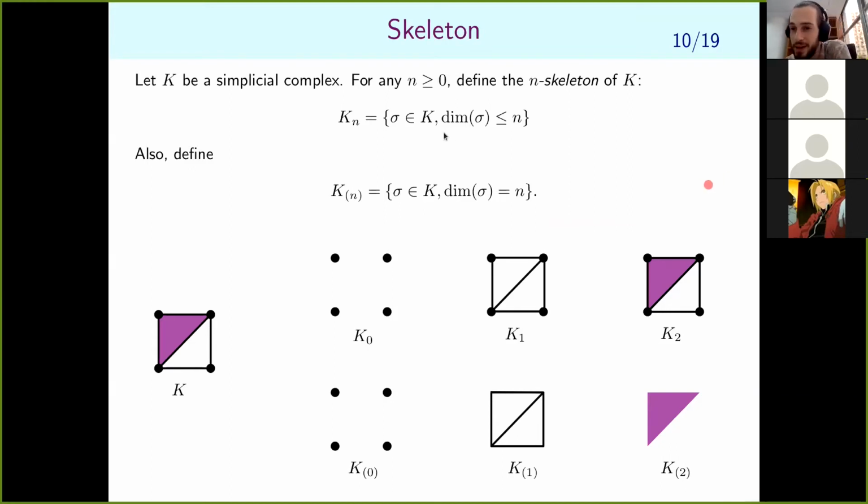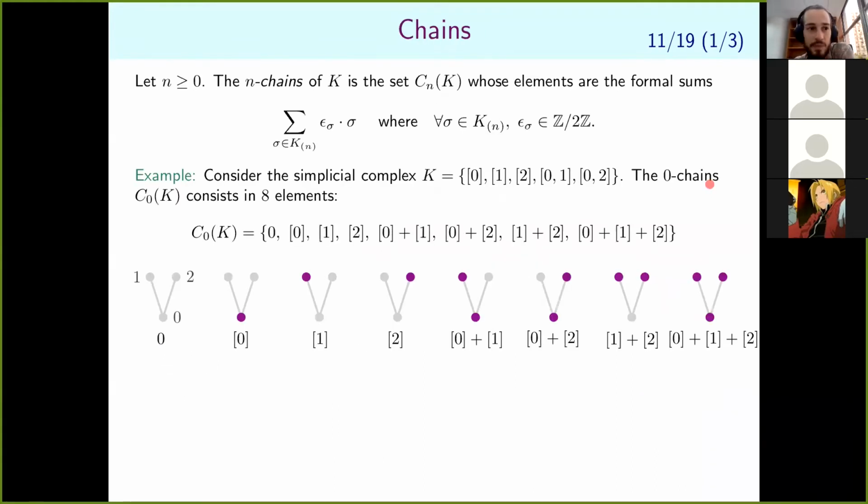And now, let me introduce to you the chains. Pick an integer, n. I define an n chain of K as a sum of simplices of K of dimension n with a coefficient in front, where the coefficient is an element of Z over 2Z.